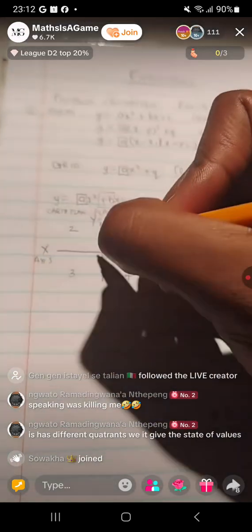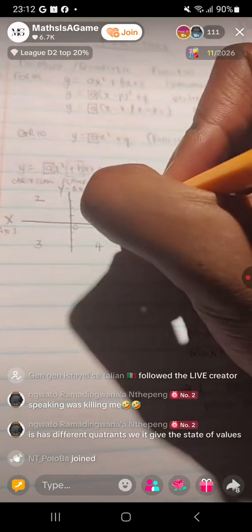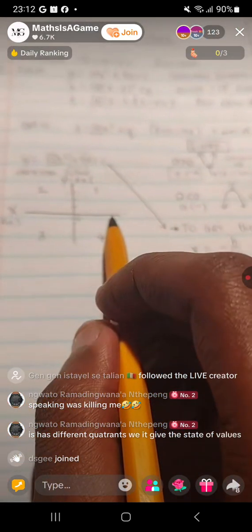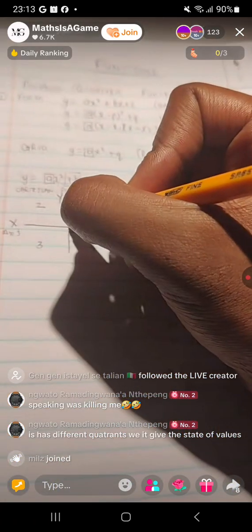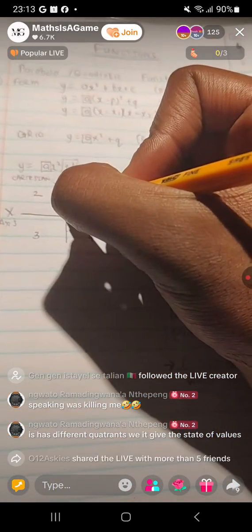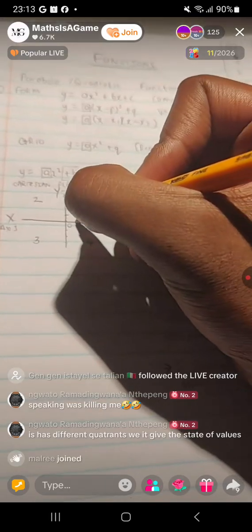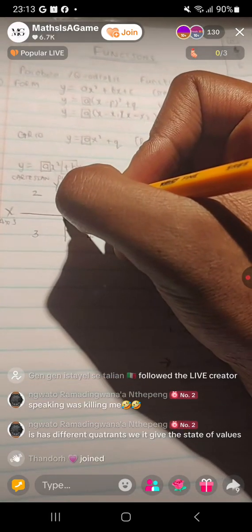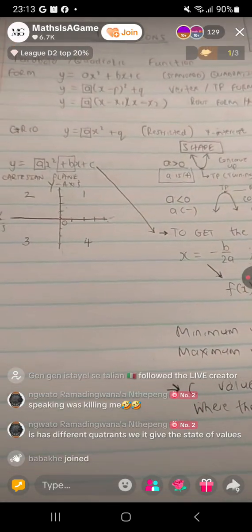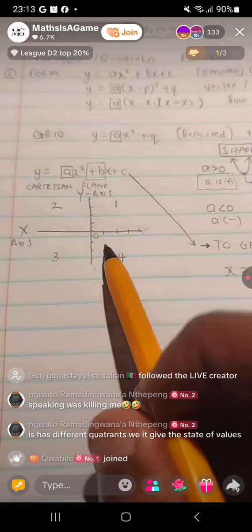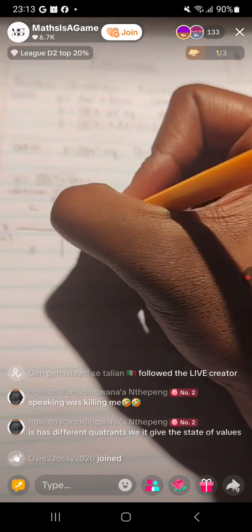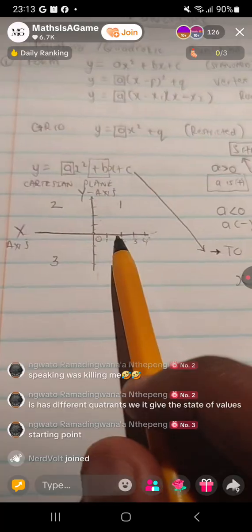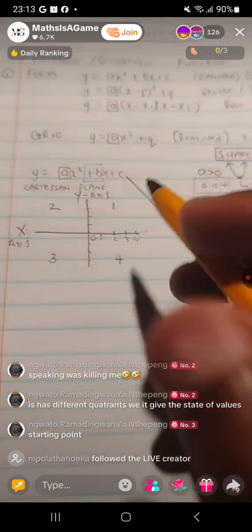Here, above this x-axis, it's a number line where 0 is there, we call that the origin. 1, 2, 3, 4, and all other numbers between 0 and 1 which are real values, because we are not only looking at natural numbers, we are looking at all other numbers in between as well.